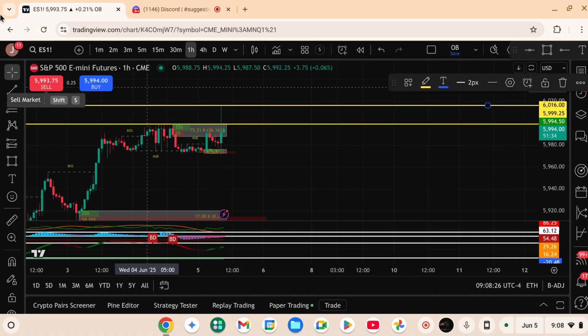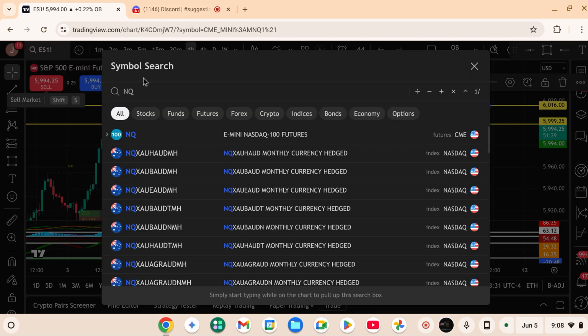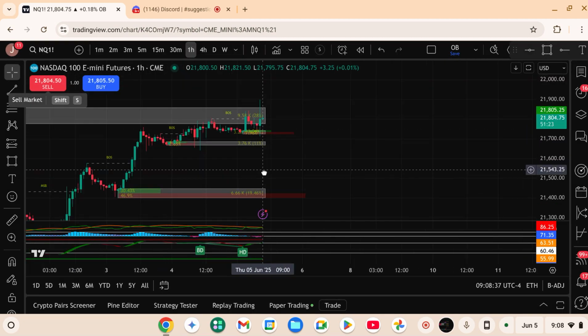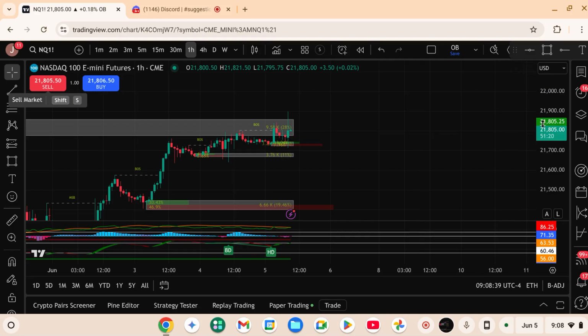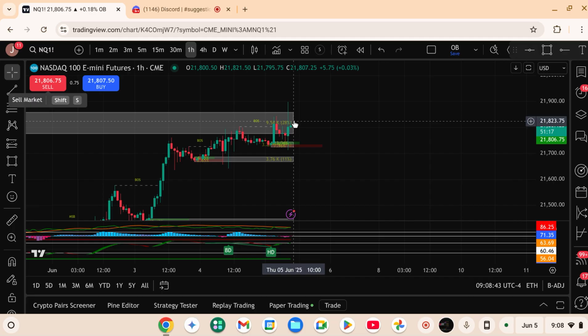Let me see what NQ looks like. Let me go back to that real quick. NQ. No, NQ looks worse. Look at the space in between, like look at this order block, and then look at this order block, and look where price is. This is the 1 hour.